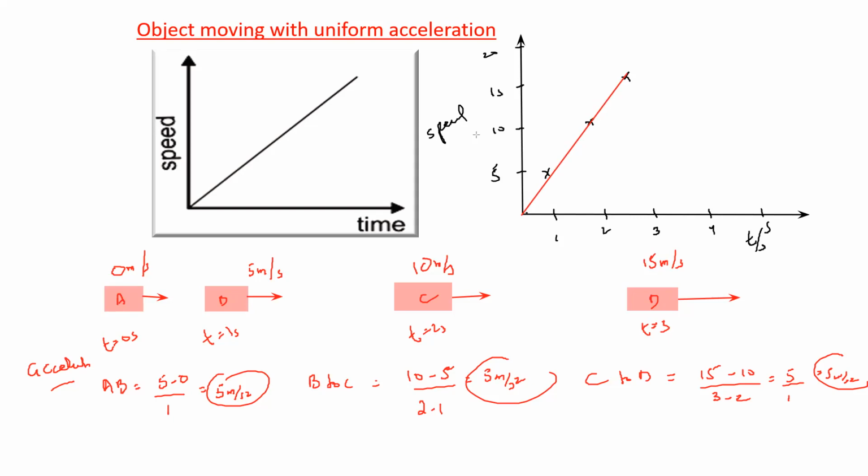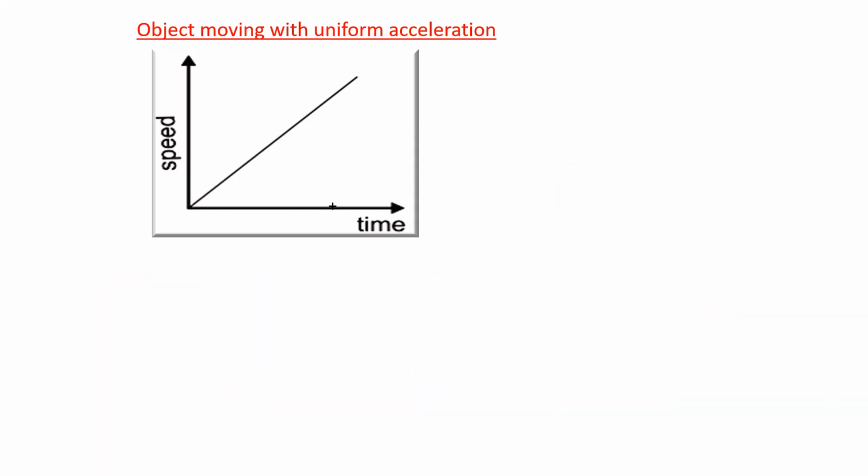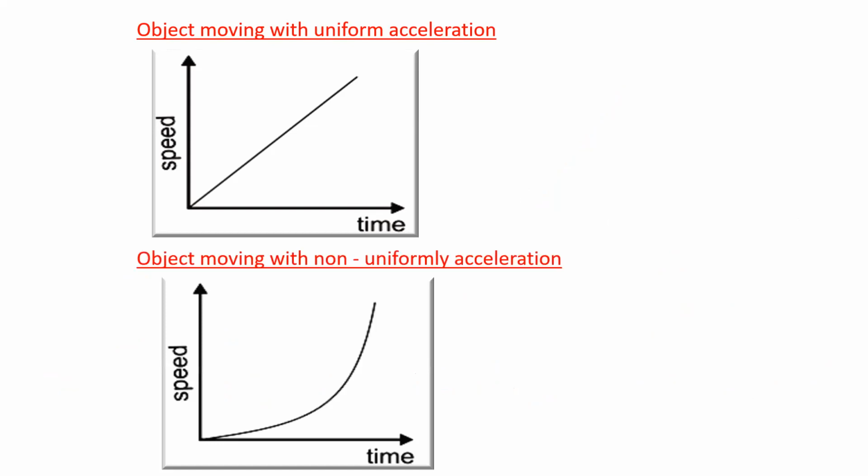That is the graph for constant acceleration. Then it can have a non-uniform acceleration, where acceleration might increase or acceleration might decrease.